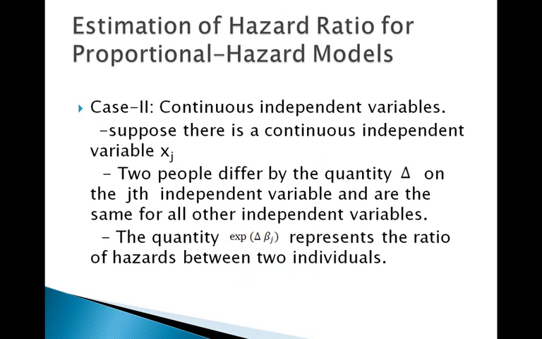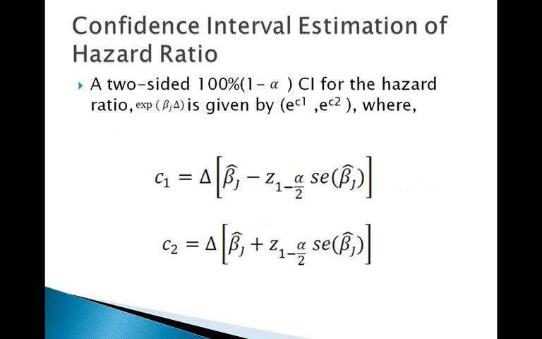For continuous independent variables, suppose that the continuous independent variable was this x sub j again. Really, the difference in x sub j between 2 people would be some delta on the jth independent variable. And so the quantity of the exponentiation of delta times beta sub j represents the hazard ratio between these 2 individuals.